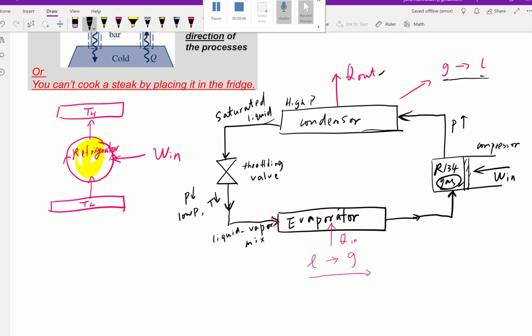All right, so let's do a quick recap of this refrigeration cycle. You start with our compressor, and you have this freon gas being compressed. Then you get to high pressure. At this high pressure, you have a higher temperature, and this temperature is way hotter than the kitchen.